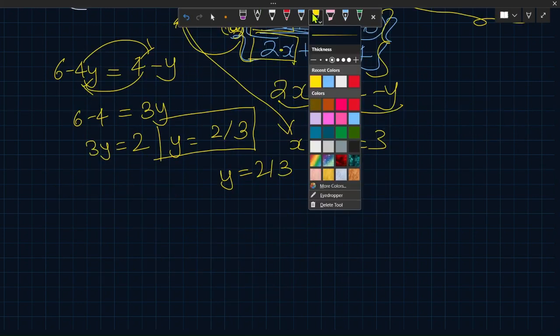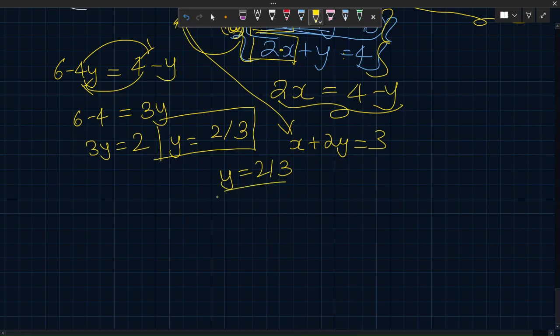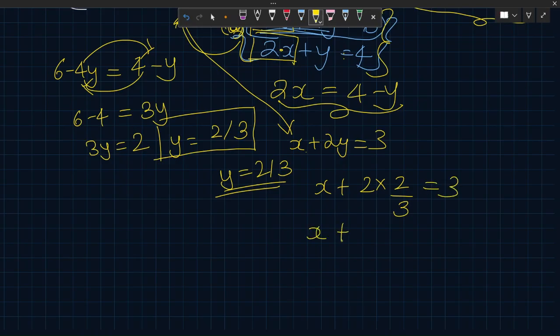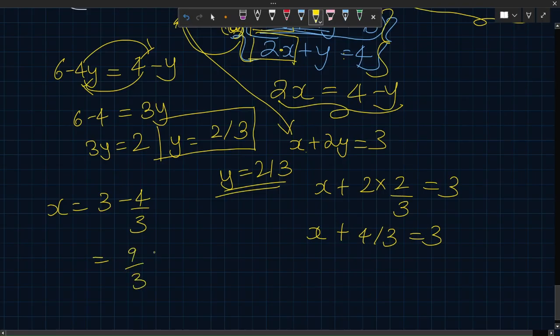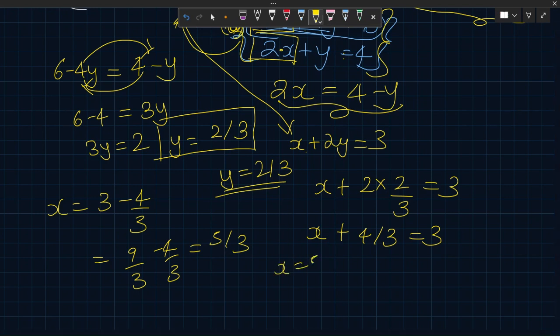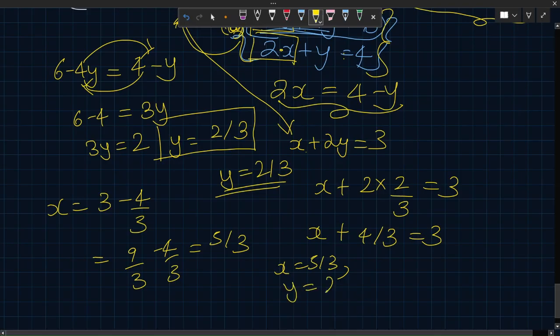I got y equals 2 by 3, but at the same time x plus 2y must be 3, which means x plus 2 times 2 by 3 must be 3, which means x plus 4 by 3 must be 3, which means x is just 3 minus 4 by 3. You can write this as 9 by 3 minus 4 by 3, which is 5 by 3. So the solution to the set of equations is x equals 5 by 3 and y equals 2 by 3.